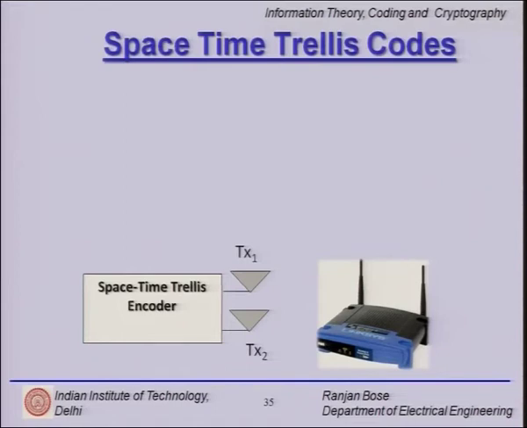So, if you see, earlier we had only one antenna. So, we had a trellis, an input sequence came in, we looked at the trellis, on each branch we had a single symbol labeled and the transmitter transmitted it. What if we label every branch with a pair of symbols?